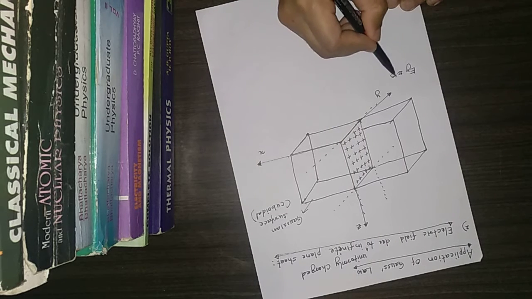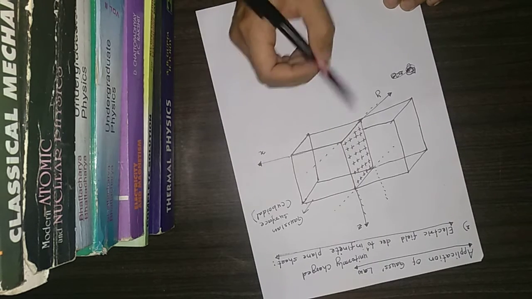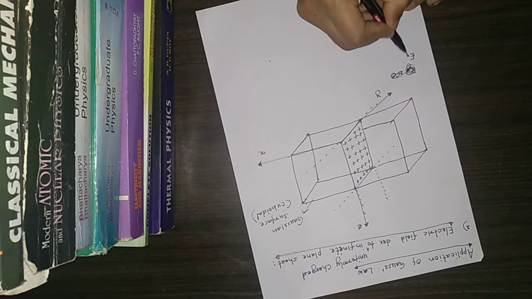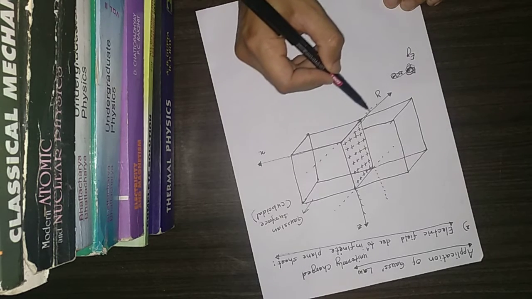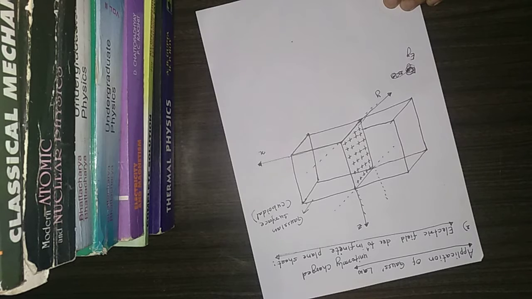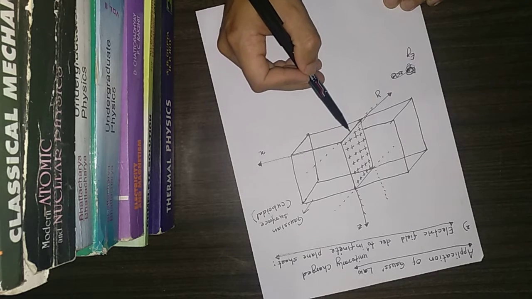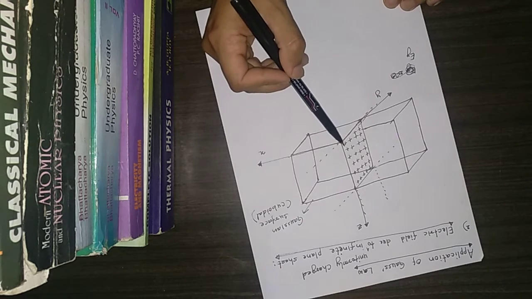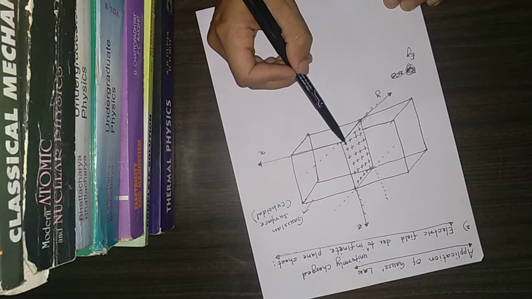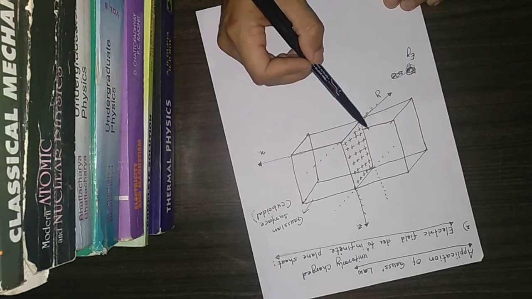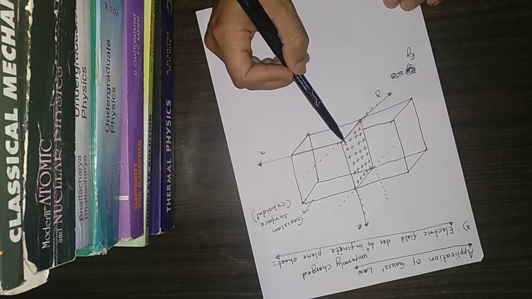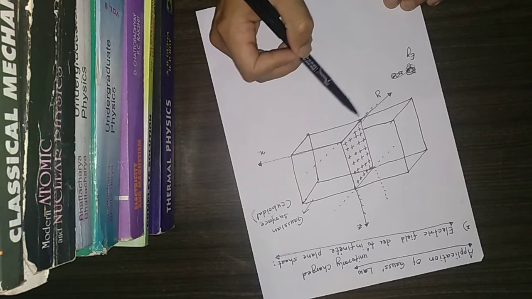If Ey is the electric field along the y direction, then this electric field will force the charge to move along the surface of the plane sheet, because the electric field is along the surface of this plane sheet.